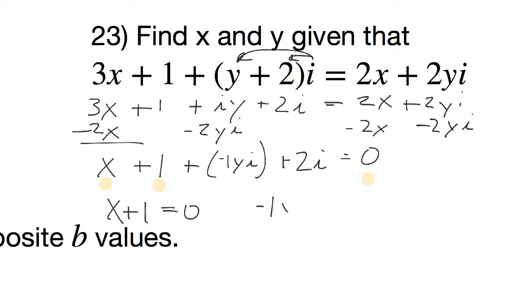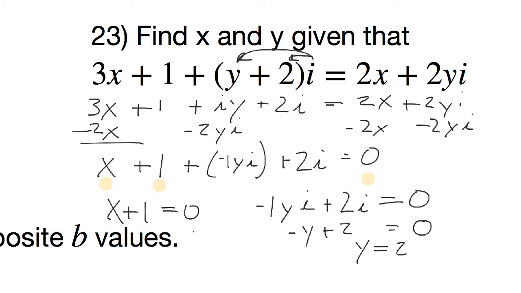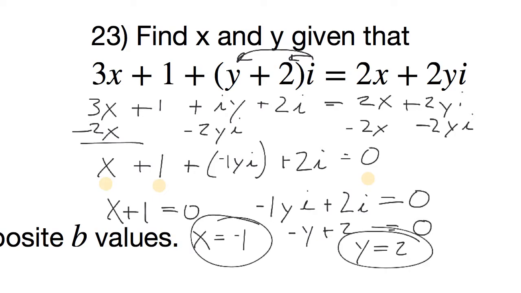Negative 1 yi plus 2i should also equal 0. I know it looks a little messy, but you can divide both sides by i and just say that negative y plus 2 is equal to 0. And so therefore y has got to equal 2 and x has got to equal negative 1 in order for the equations to cancel.